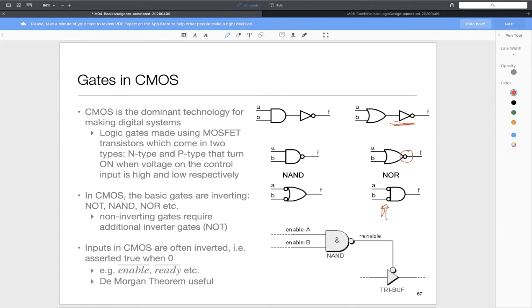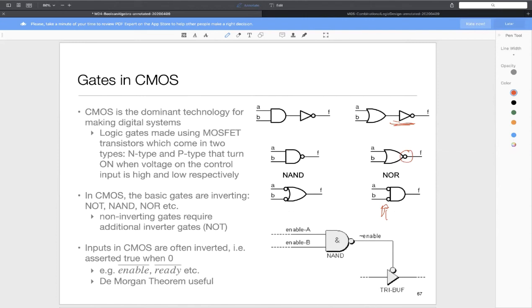Also, there are a variety of reasons having to do with robustness and noise. Oftentimes, if you have to make a choice, should I implement this signal so that it is normally high, normally 1, or normally 0, it turns out that one choice is electrically better than the other.